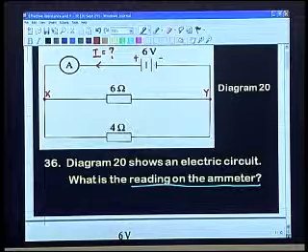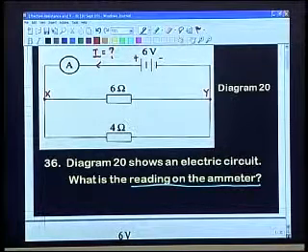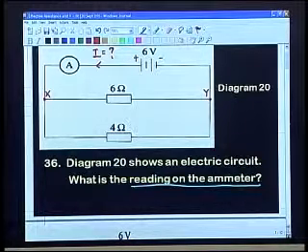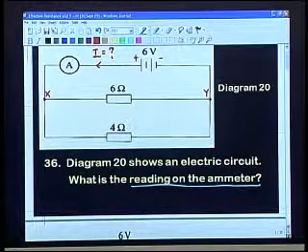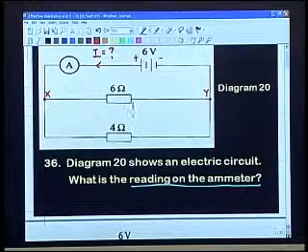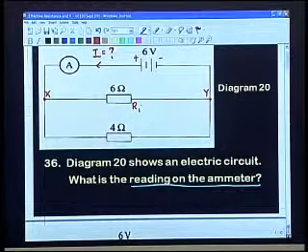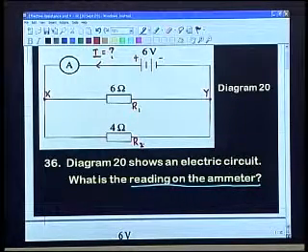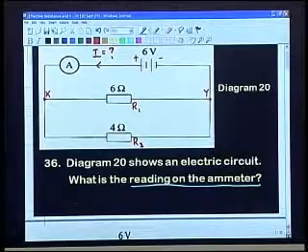So what we need to do is work out the effective resistance between X and Y. I can call this R1, the first resistor, and this R2, the second resistor. So let us do it step by step.